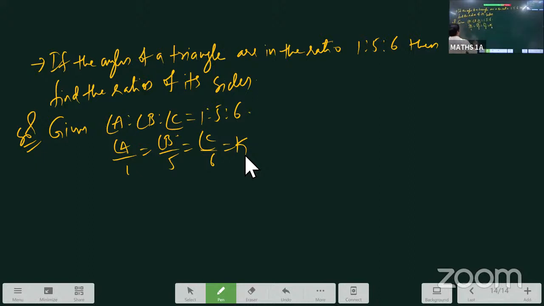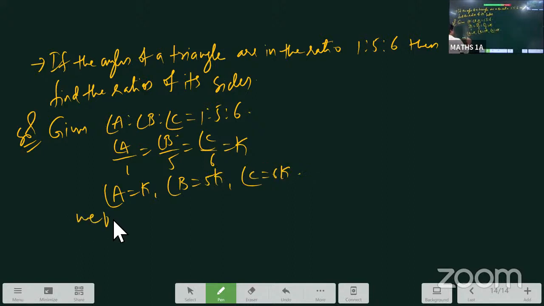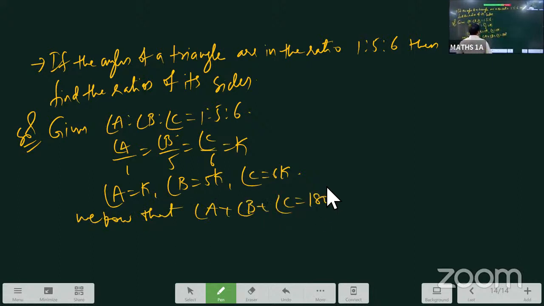So then angle A will be equal to K, angle B will be equal to 5K, angle C will be equal to 6K. But what we know that angle A plus angle B plus angle C is 180 degrees. K plus 5K plus 6K equal to 180. Total 12K equal to 180.